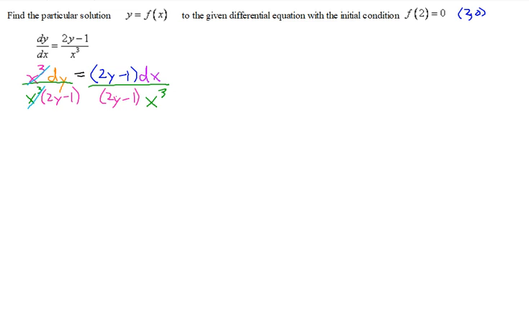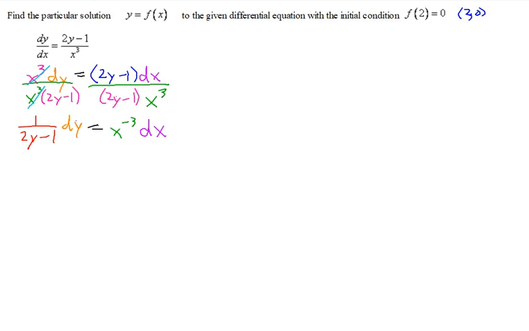So you have 1 over 2y minus 1 dy equals, you could write 1 over x cubed, but it's easier if you write x to the negative 3 times dx. Now the y's are with the dy and the x's with the dx.